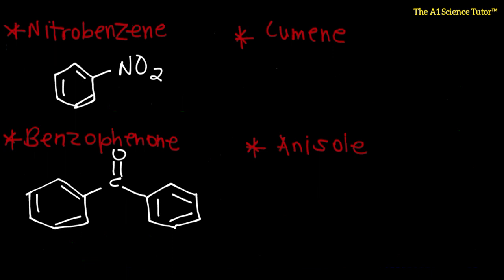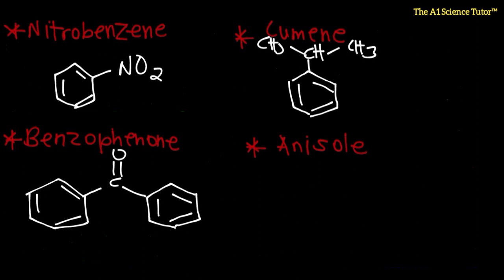How about cumene? Now cumene should carry a benzene ring, and there should be an isopropyl group. So this is what we're going to have. This will be a CH3, and here we're also going to have a CH3. So that is the structure for it. To rewrite that. Now anisole.